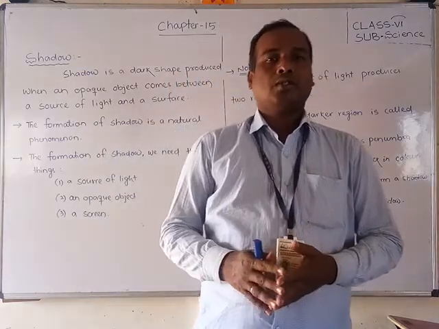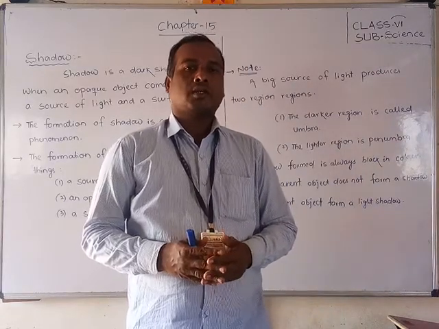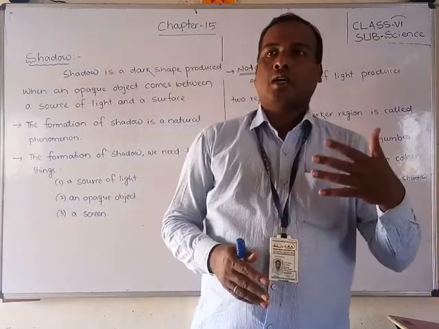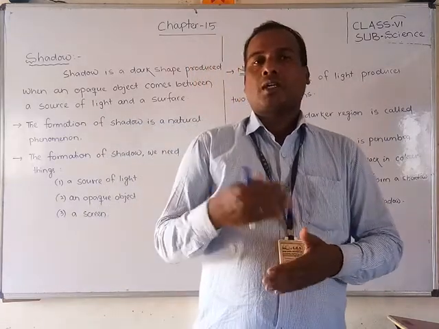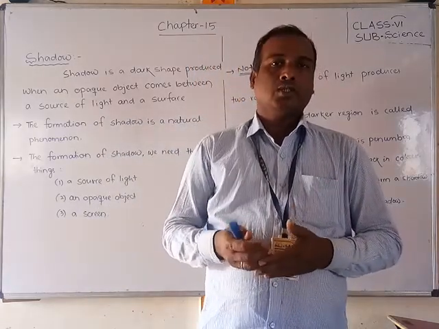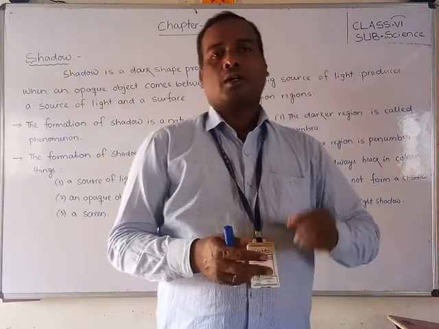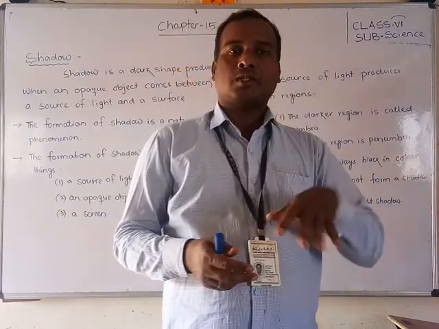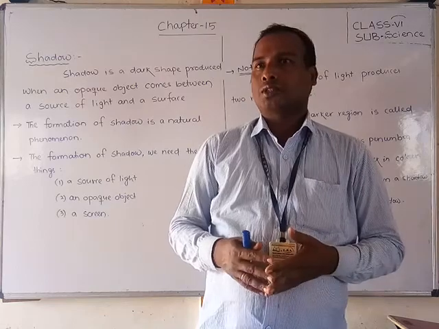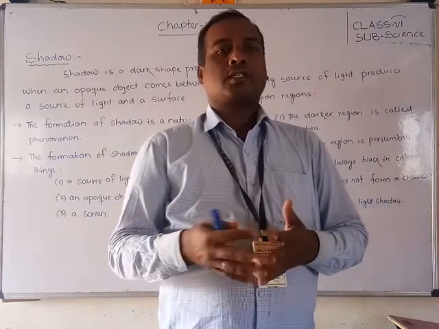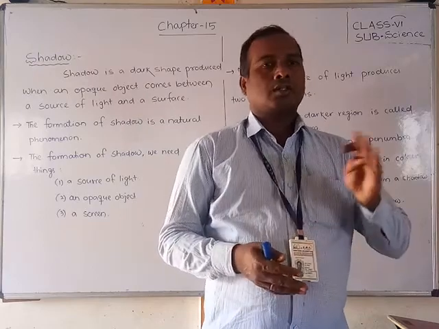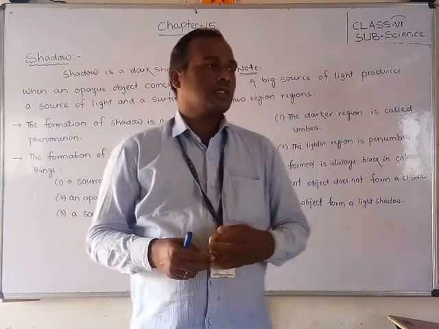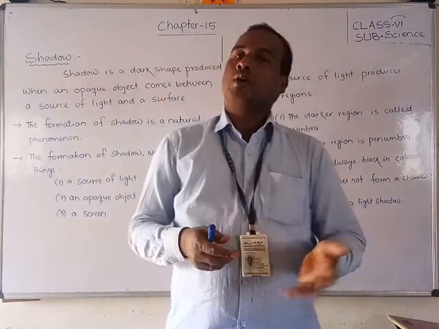In the previous video you have already learned the different phenomena of light, how light is transmitted and how light is passing through different objects. There are three types of objects we have studied. One is transparent, one is translucent, and another is opaque.